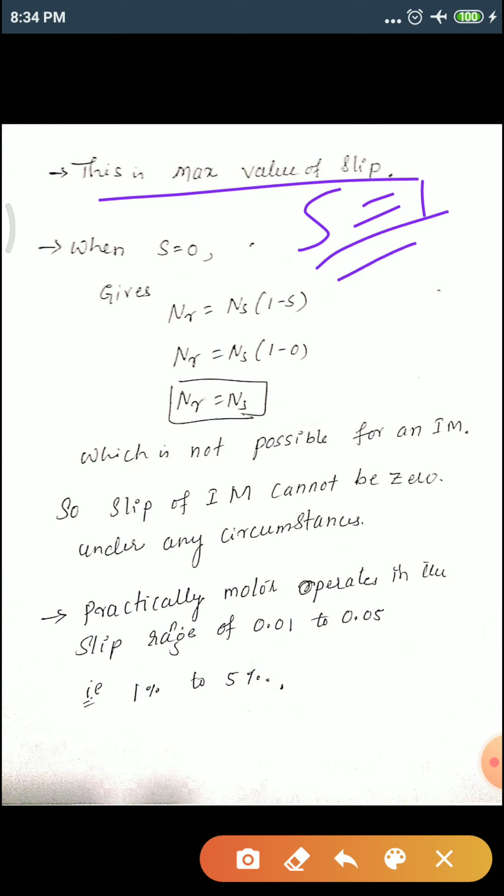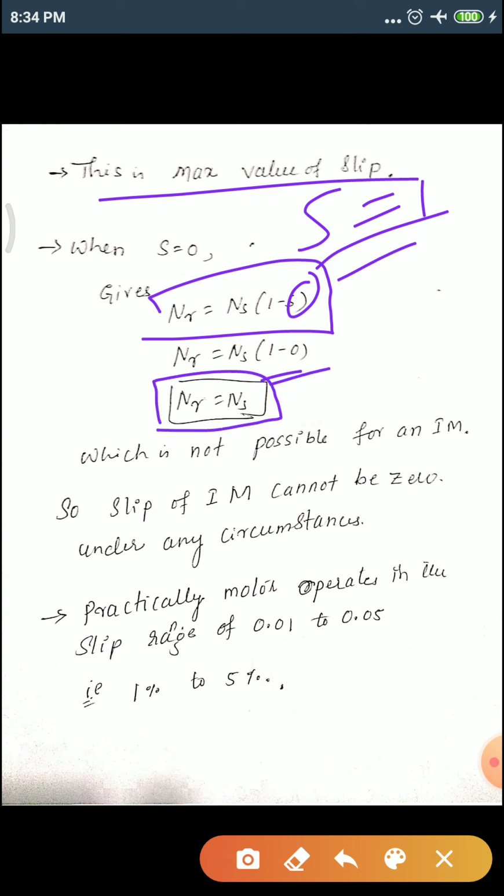Suppose S is equal to 0. As we know the equation NR is equal to NS of 1 minus S, if you substitute S equal to 0, NR will be equal to NS, which is not possible for an induction motor. So the slip of an induction motor cannot be 0 under any circumstances. Practically, the maximum value of S is 1 and it should not be equal to 0.